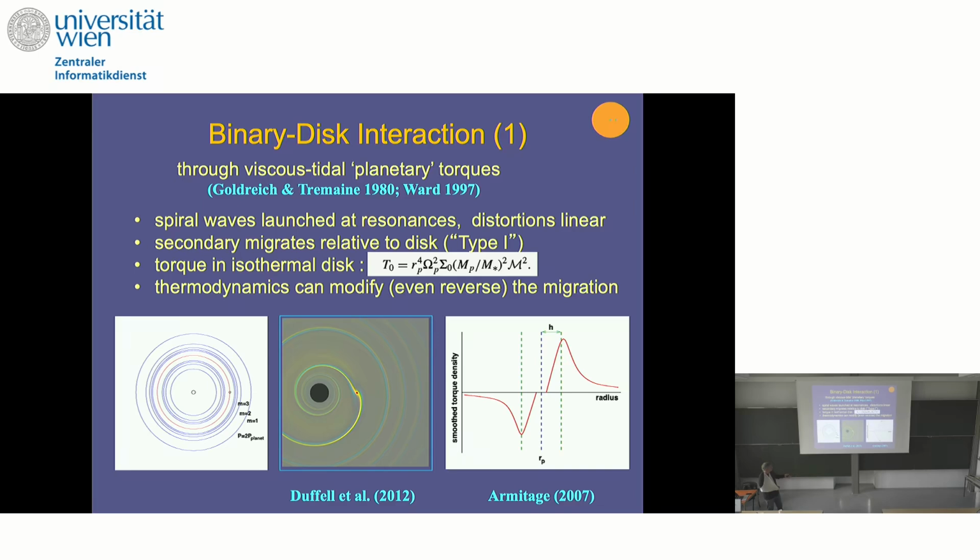This regime is, however, complicated because you have to do thermodynamics, which impacts the detailed shape of the torques, which mostly are coming from here. So what you assume about cooling and heating has a very strong impact, and there has been a lot of discussion in planets, whether this migrates outward or inward. You can actually change the sign if you change the thermodynamics, meaning the cooling time.